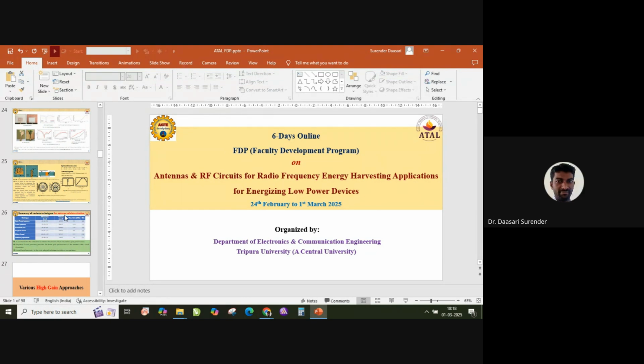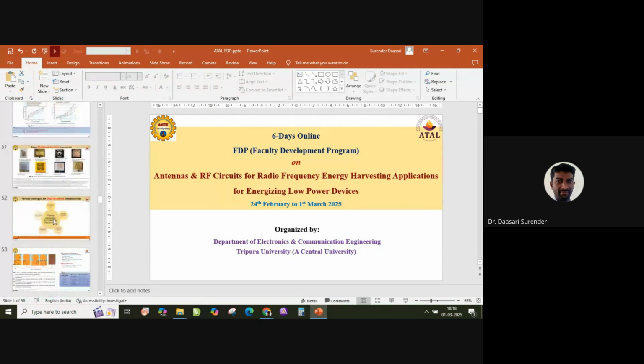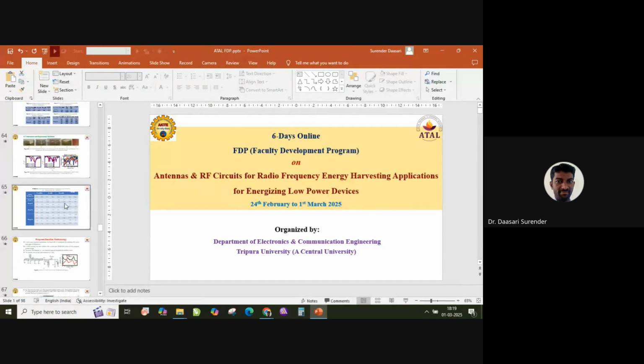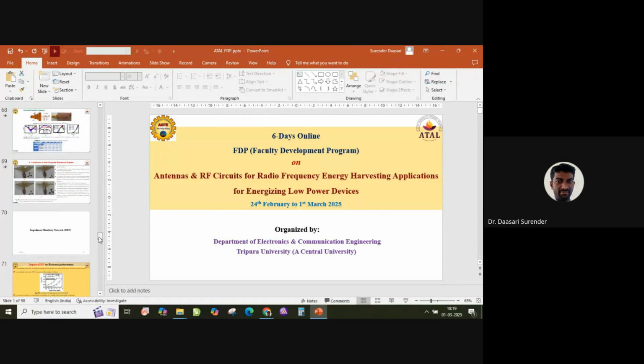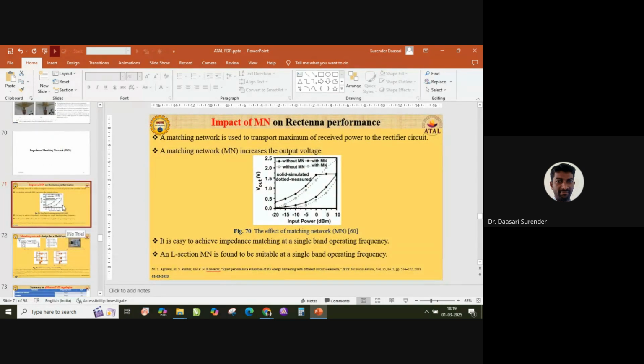So for broadband, designing the impedance matching network for multi-band and broadband is somewhat difficult.